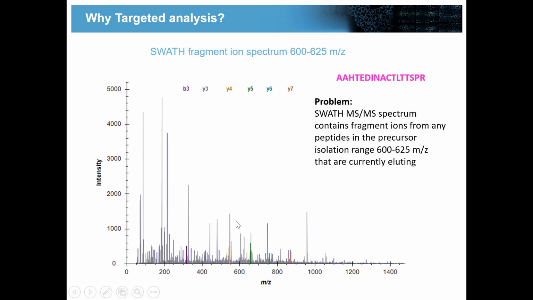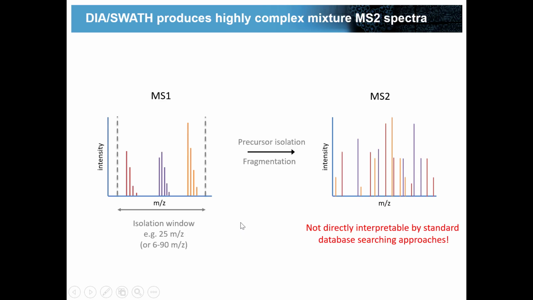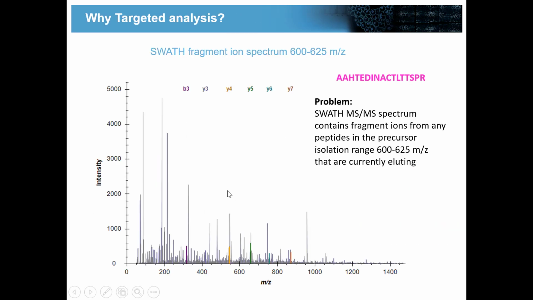Here's a real SWATH spectrum, and this is one of these fairly complex looking MS2 spectra. What I want to illustrate here is that I know magically that this peptide is represented in this spectrum. What I'm highlighting with these colors, and also down here in the spectrum that you can hardly see, is the major fragment ions for this peptide.